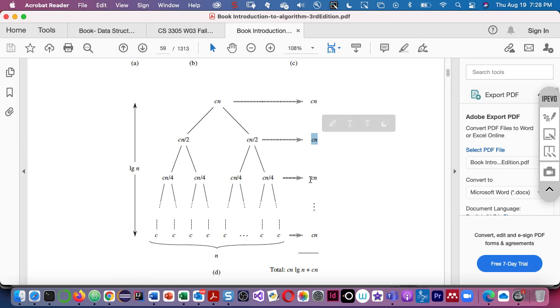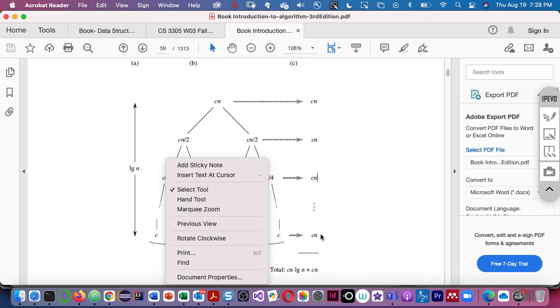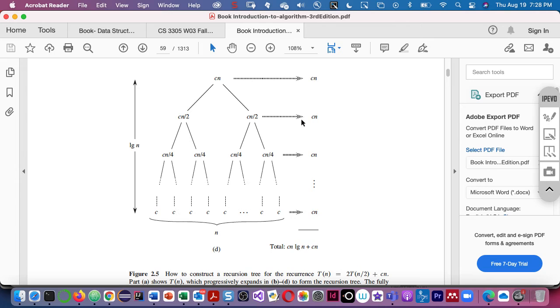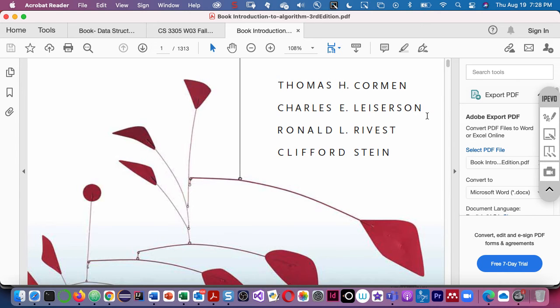This one will take cn, like there are 4 cn by 4, right? So multiplied, it will be cn, and every level you will get cn. So if you sum this up, how many times will it be?